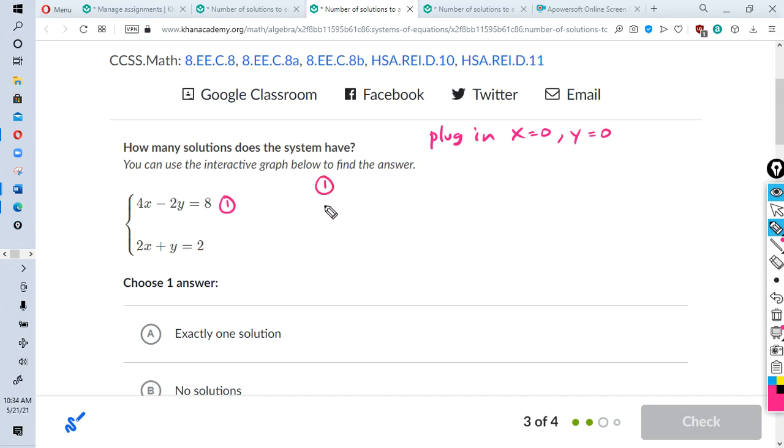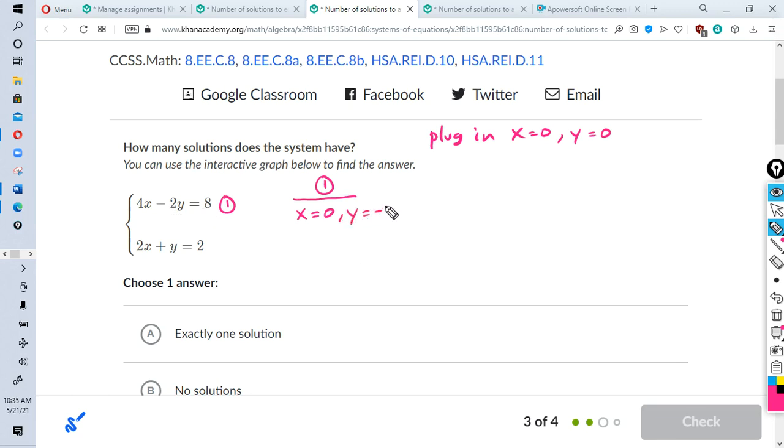So we'll do equation 1 right here. At x equals 0, if you put a 0 in here for x, you get negative 2y equals 8. In that case, y would be negative 4, because negative 2 times negative 4 equals 8.